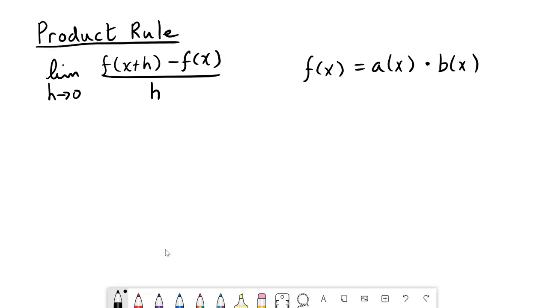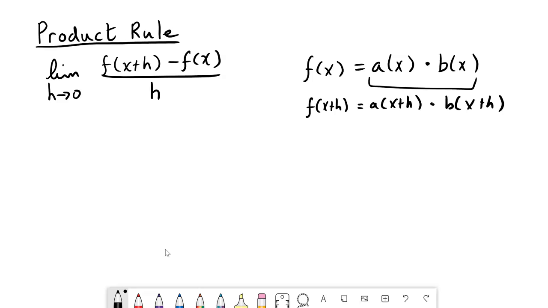This is how we express a product as one function. A product of two functions is equal to the function overall f, so we're going to input this into our f of x. So f of x plus h is simply a of x plus h times b of x plus h. Not too bad.